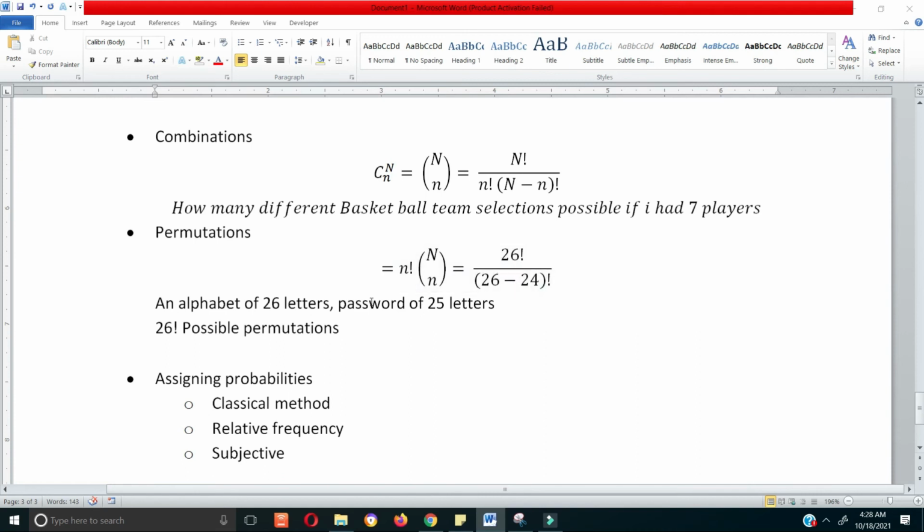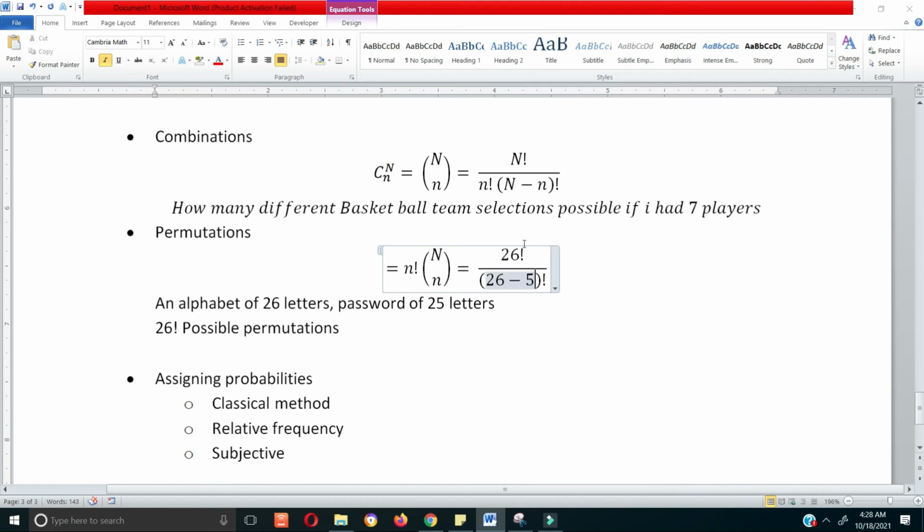For instance, if you're choosing a password of 5 characters, then you're going to have 26 minus 5, which is 21 factorial. So you're going to have less, because 26 factorial over 21 factorial is actually 26 by 25 by 24 by 23 by 22.